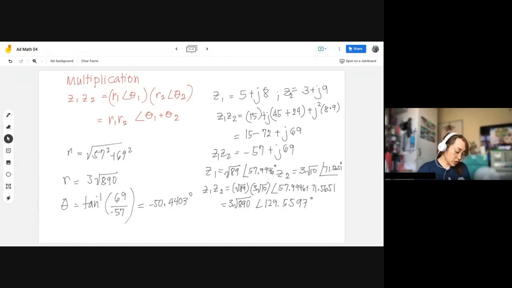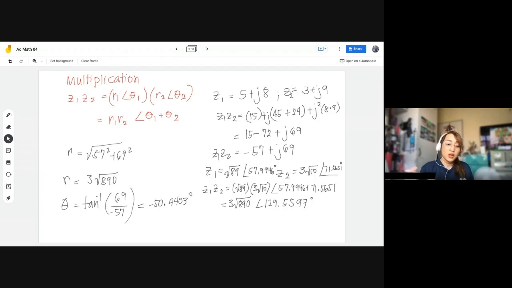This indicates, as you can see here, it has positive imaginary, negative real number. So that is negative x and positive y, which is in quadrant 2. So for you to get the negative 50, from the negative axis going to the positive axis, the rotation of that axis is clockwise. So you can get the other angle, which is 129.5597.